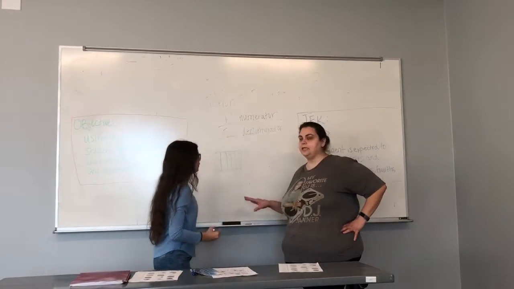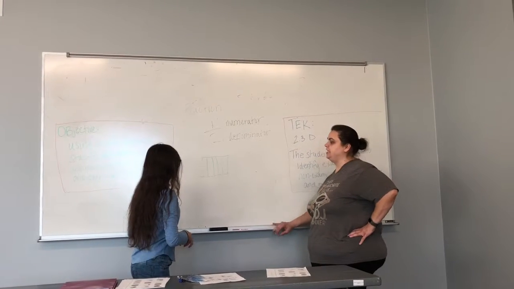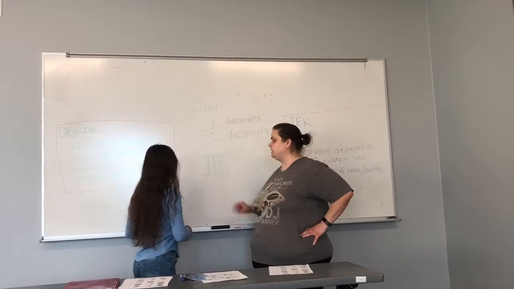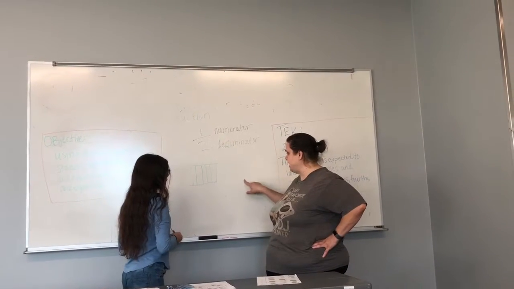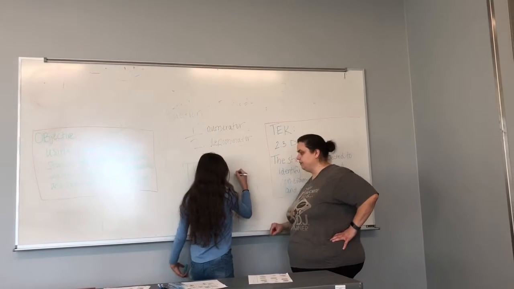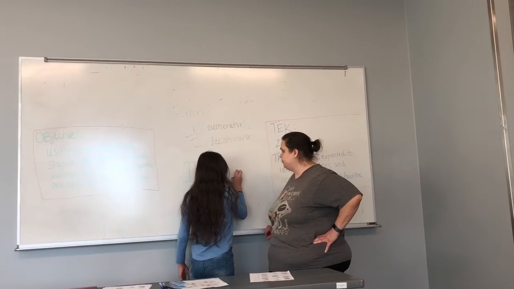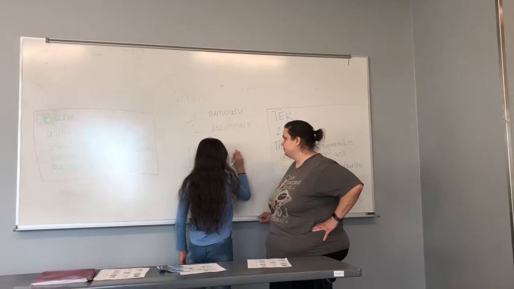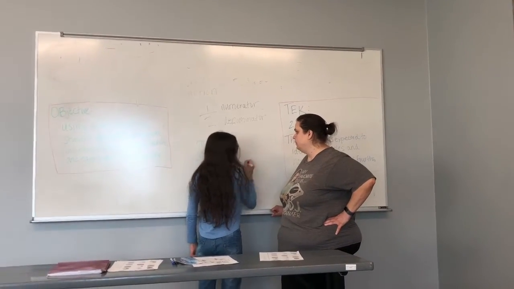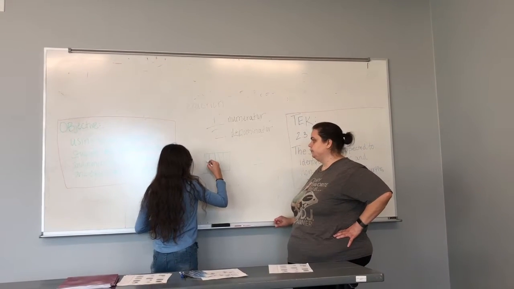Okay, so we're gonna pretend that they're equal. How many pieces are there? 6. Okay, so let's make 6 the bottom number. What is half of 6? 3. All right, so how much are we shading in? 3.